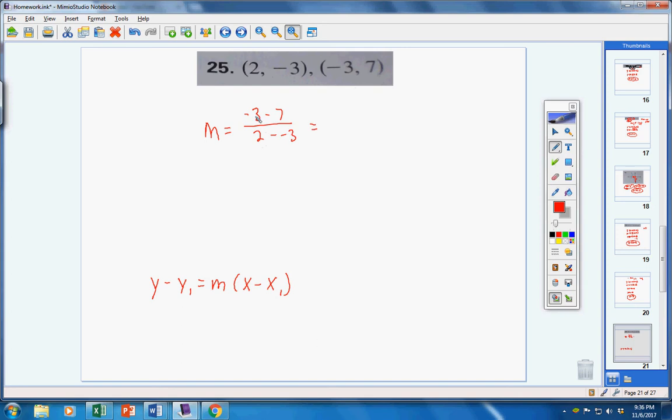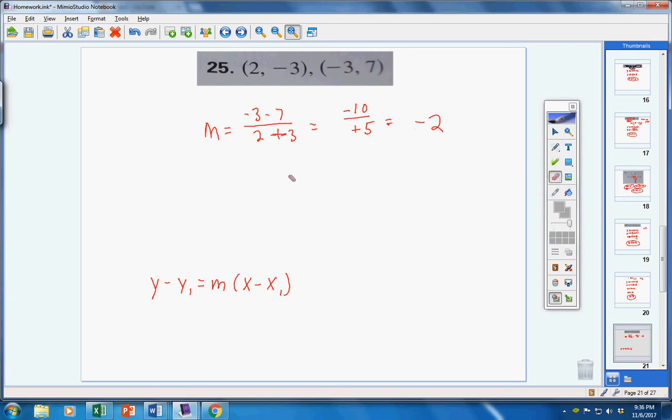Negative 3 minus 7 is negative 10. 2 minus a negative 3 is plus 3, which is positive 5. Negative over a positive is negative. 10 over 5 is 2. So the slope is going to be negative 2.